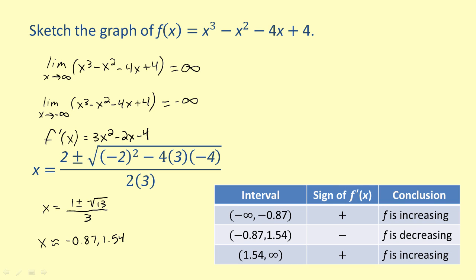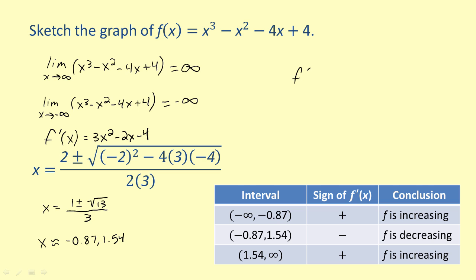Notice that f changes from increasing to decreasing at x equals negative 0.87, and f changes from decreasing to increasing at 1.54. This means that there must be a local maximum at negative 0.87 and a local minimum at 1.54. Let's find the y-coordinates of the extrema by substituting each critical point into f.